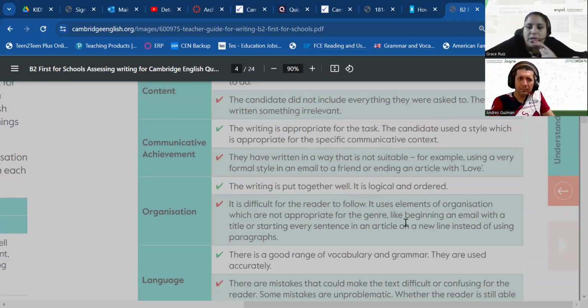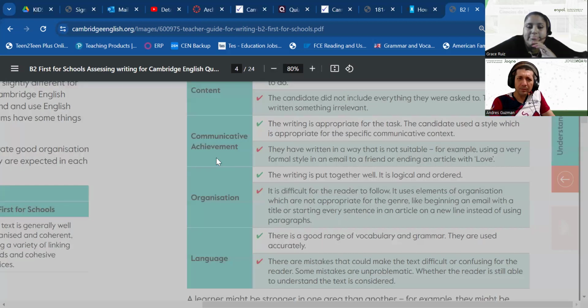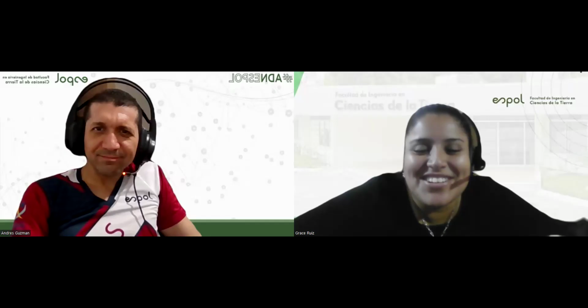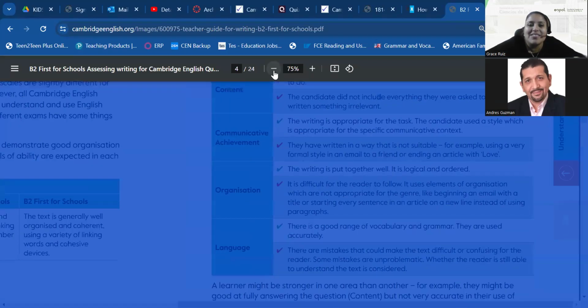Entonces, ¿qué pasó acá? Yo no sé qué se hizo. Está gris. Yo no sé qué le pasó a esto, por Dios. Ay, Dios mío.